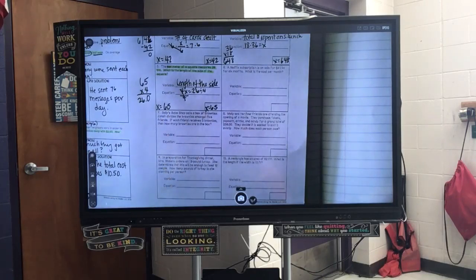What's the variable? It's not what is the cost per month, it's not the sale.